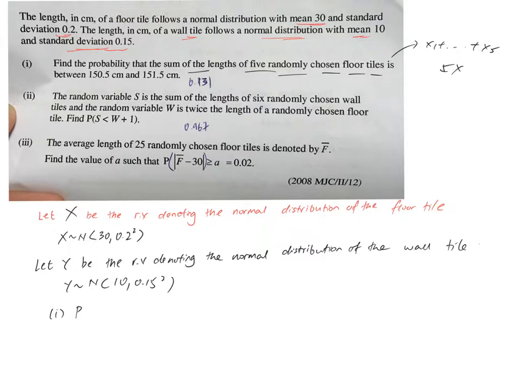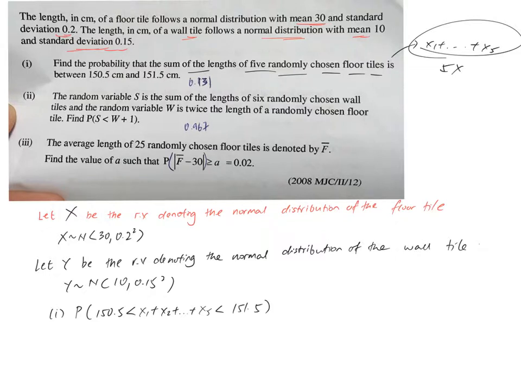It's not 5 times the same tile. We're talking about 5 different tiles, not 5 times the same tile. So this is the one that we're using: X1 plus X2, all the way to X5, to be between 0.5 and 1.5.